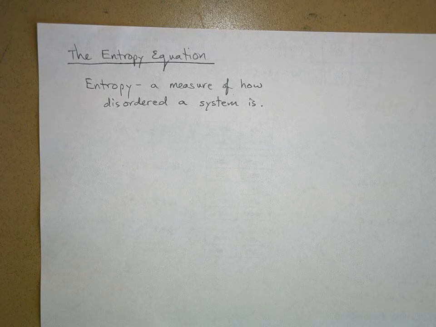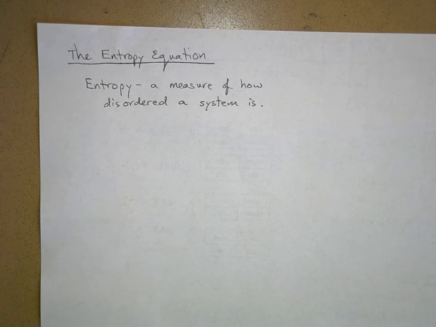But if we're having guests over, we clean up our house, we put everything away, scrub the floors, do all the dishes, put all the dishes away, pick up the clean laundry and actually put it away instead of leaving it on the couch, that sort of thing, okay? Now, it took a lot of work to do that. We had to expend a lot of energy to do that, but we decreased the level of disorder and thus decreased the entropy of the room.